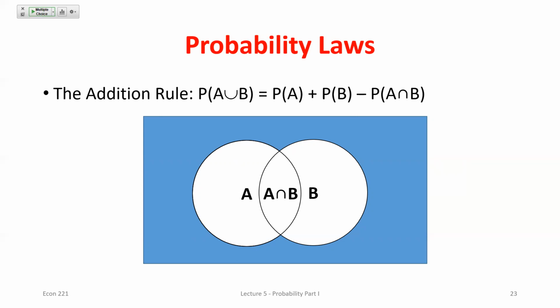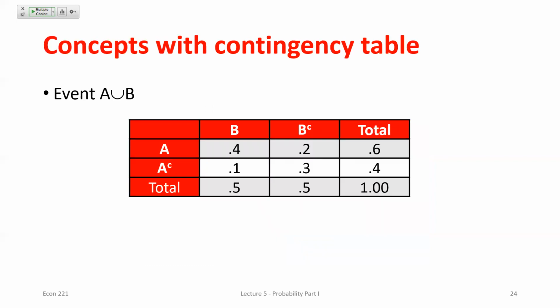So I don't want to double count those outcomes. So what I'll do is, because I know I've double counted them by simply adding up those probabilities, I'll subtract out the intersection, and now I've only counted it once. If I've counted it twice and I subtract it out, I've only counted it once.